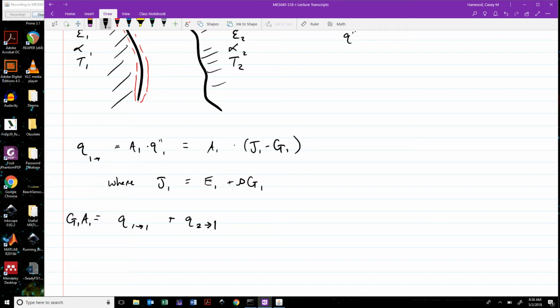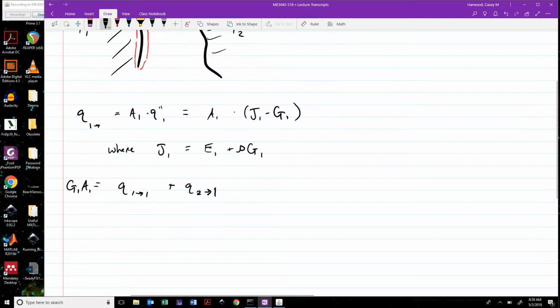There we go. So, right, total energy flux in times the area gives us the total heat rate that's incident upon surface 1. And that thermal energy has to either come from itself, if it has a non-zero view factor, or it has to come from surface 2.